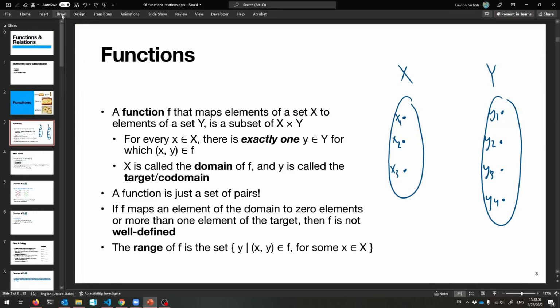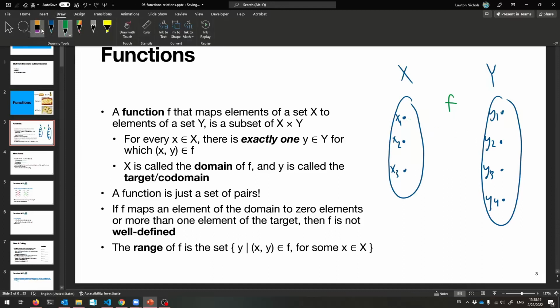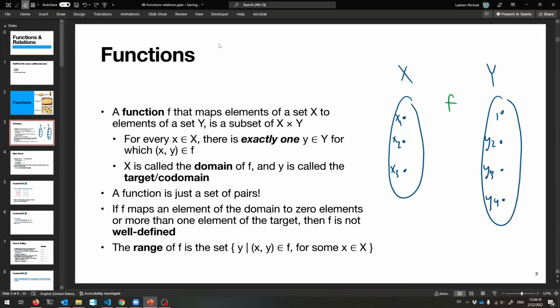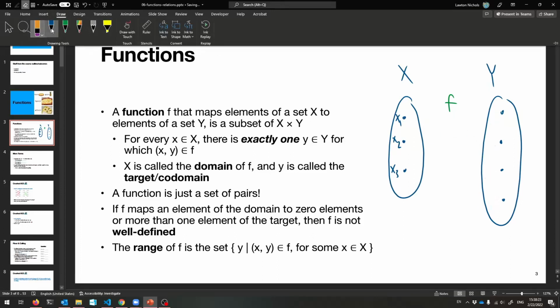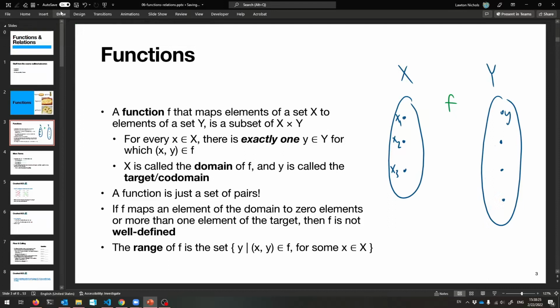So let's say that our function f, let's define it to be, here's my function f in green, it maps x1 to y2. And maybe I should have drawn the y's in a different spot. I will regret it if I do not change this. y1, y2, y3, y4, there.